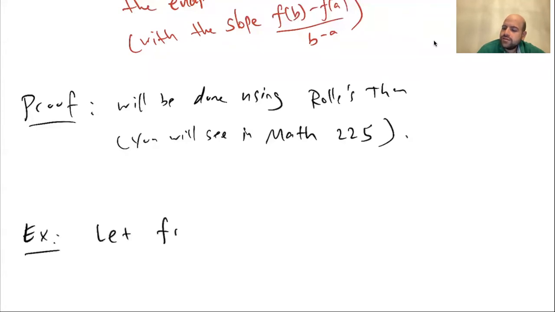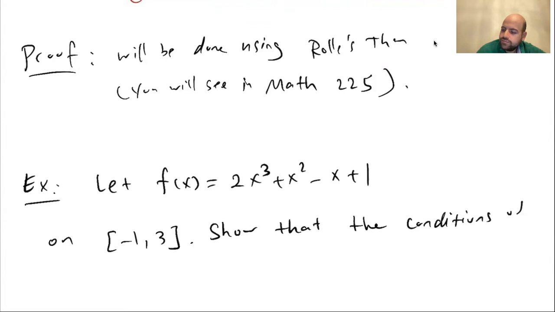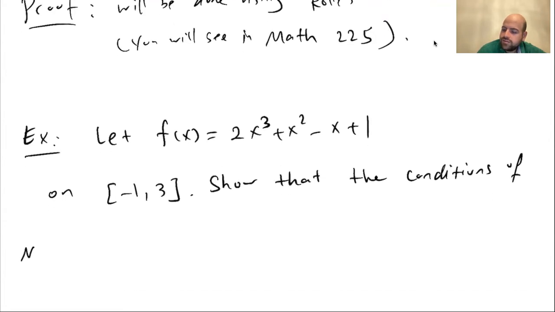let f of x equal 2x cubed plus x squared minus x plus 1 on the interval, let's say, -1 to 3. Show that the conditions of mean value theorem hold. Mean value theorem, by the way, is normally abbreviated MVT in mathematics.